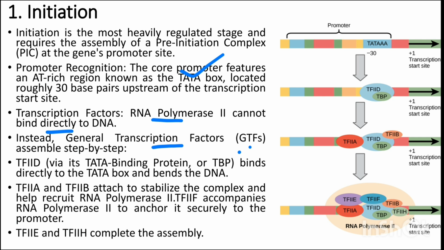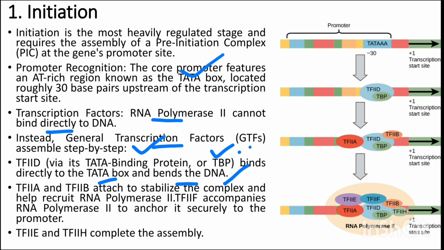So here the general transcription factors play the role. TFIID via TATA binding protein or TBP binds directly to the TATA box and bends the DNA, opening the DNA double helix. Then TFIIA and TFIIB attach to stabilize that complex and help to recruit RNA polymerase 2.